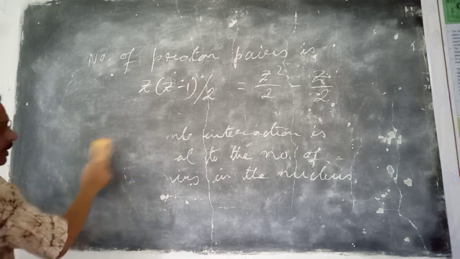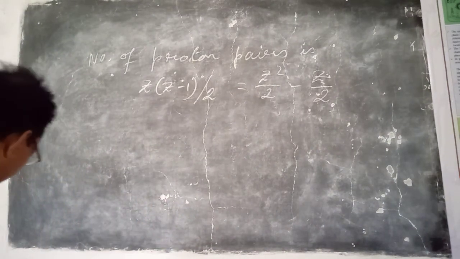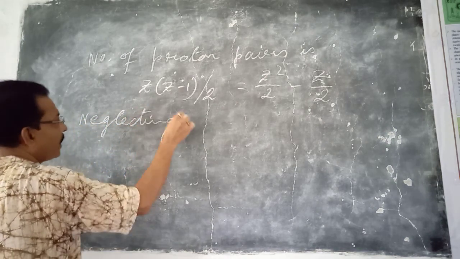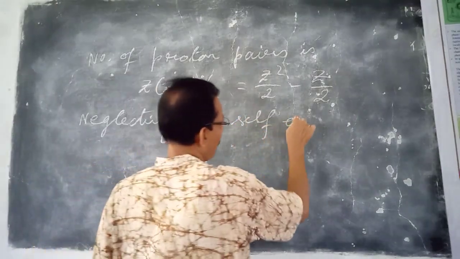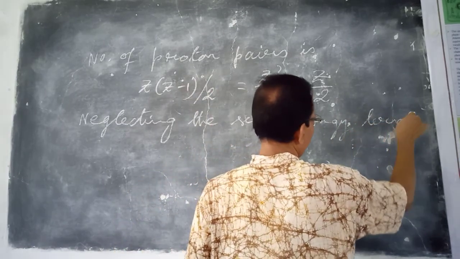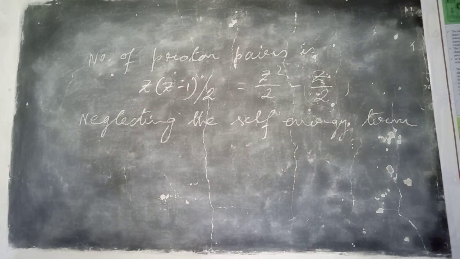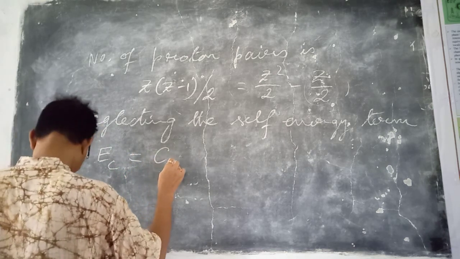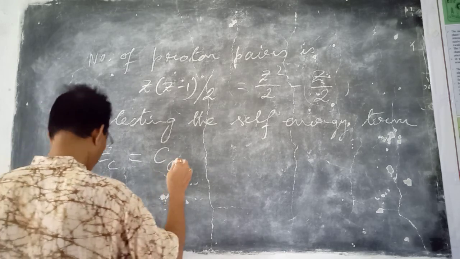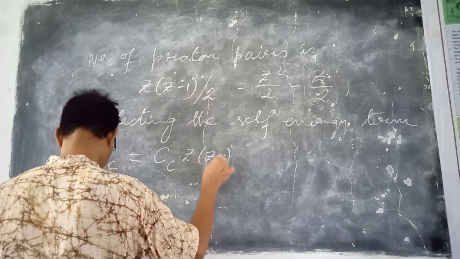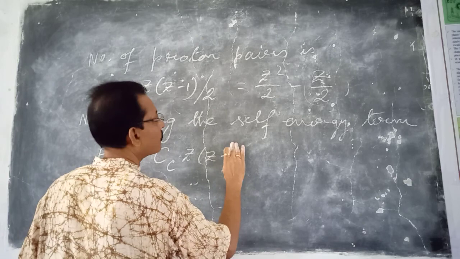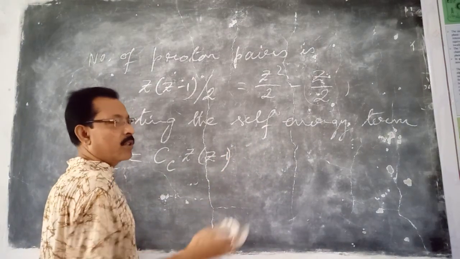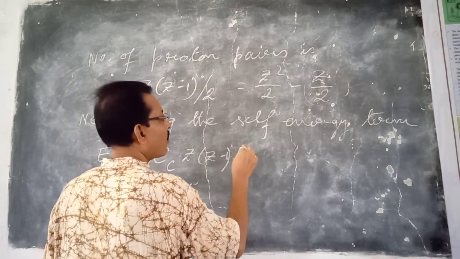Therefore, the Coulomb electrostatic repulsion energy term, now neglecting the self energy term, we write it as C_C Z into (Z minus 1) divided by R. R is proportional to A to the power 1/3, so it is A to the power minus 1/3.